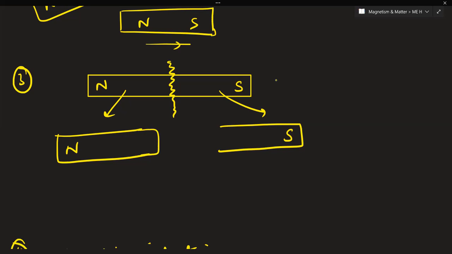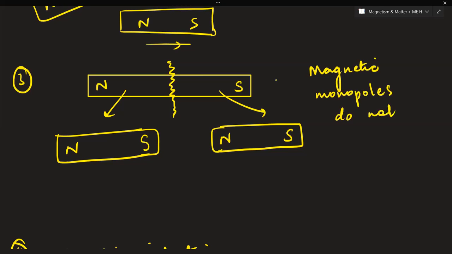This part will develop south polarity automatically and this part will develop north polarity automatically. It can never happen that only a single pole exists, because magnetic monopoles do not exist.